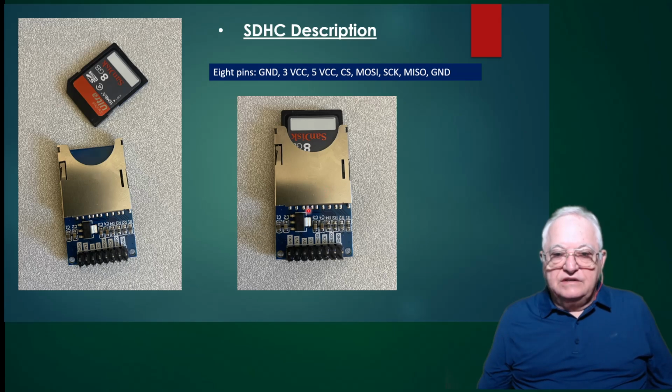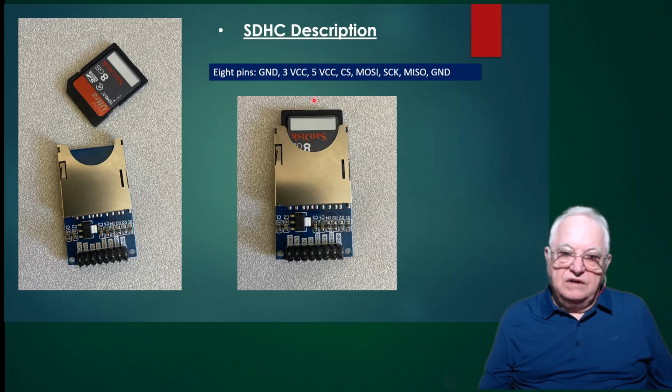Now the interface to the card reader has a pin for ground, 3 volts, 5 volts. Then it has a chip select, MOSI, clock, MISO, and ground. So it has all the facilities, so we can hook up our SPI, and also we can run it with 3 volts or 5 volts. We see the one it works.